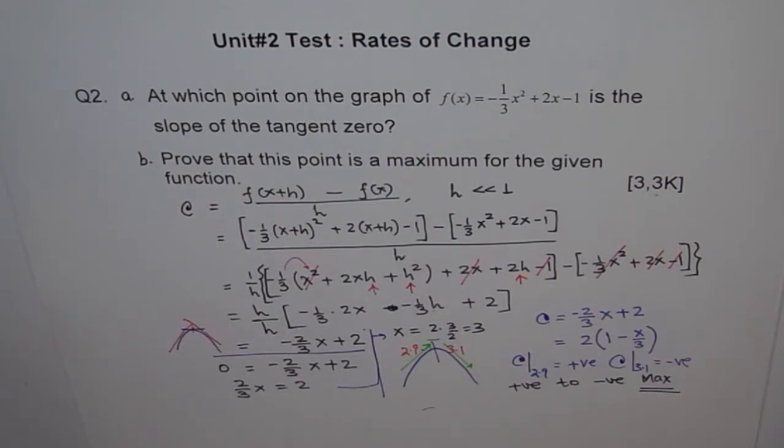Second part, how to prove that that point is a maximum or a minimum, which we just now proved. So you have to check the instantaneous rate of change on the left side of the point and on the right side of the point. If it changes from positive to negative, it is a maximum. If it changes from negative to positive, it will be a minimum. Okay? In this case, it changes from positive to negative, and therefore it is a maximum.